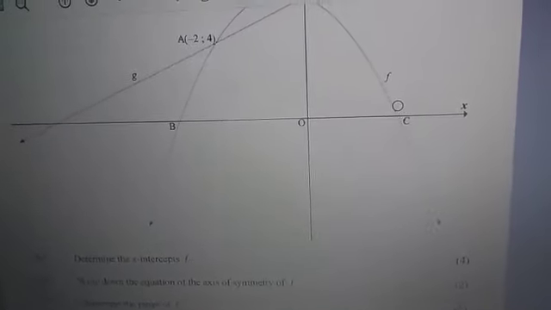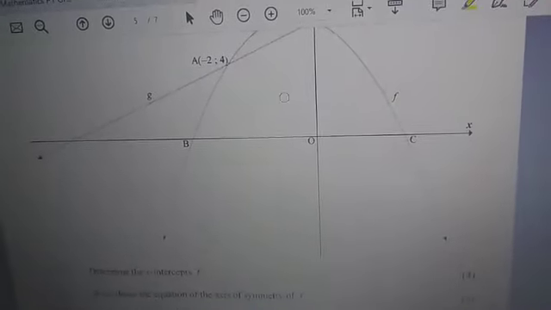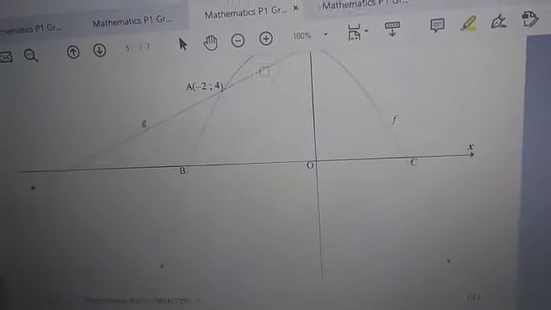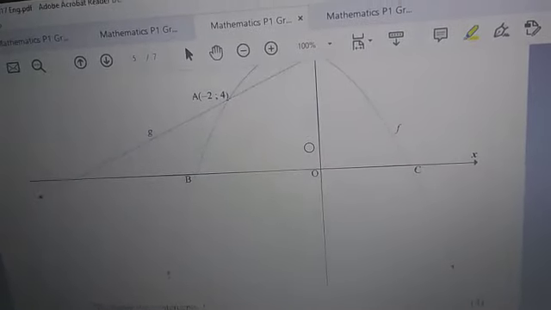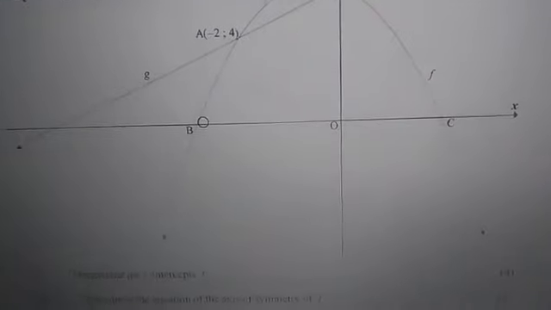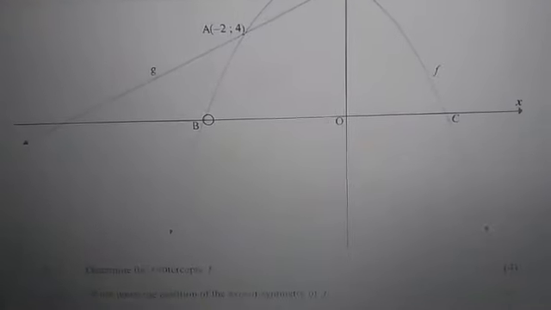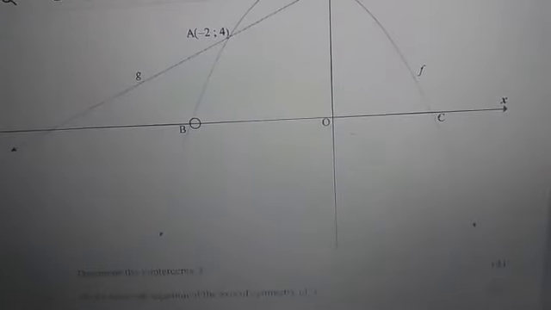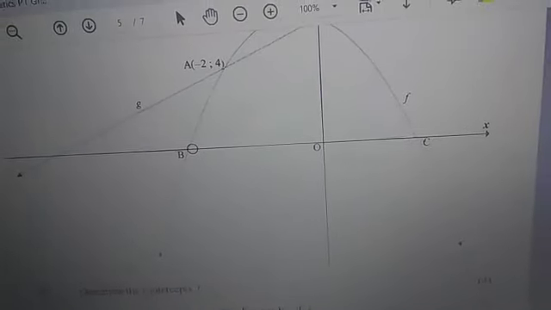But above this line here, the graph is positive. The graph is greater than 0 here. It's above 0, as you see. So that means when x, the value of x that is here, okay, how are we going to structure this?